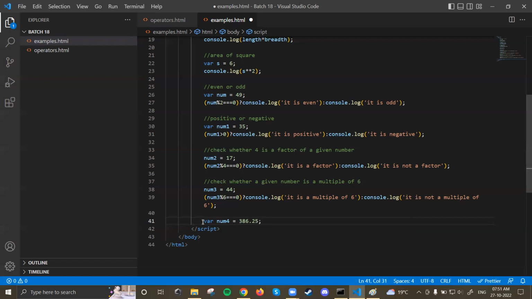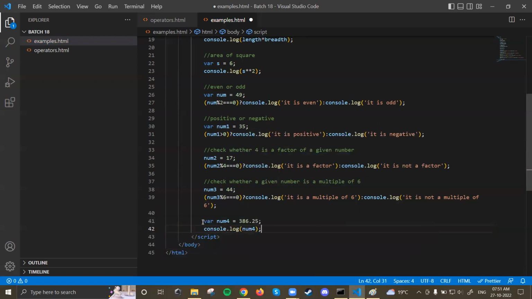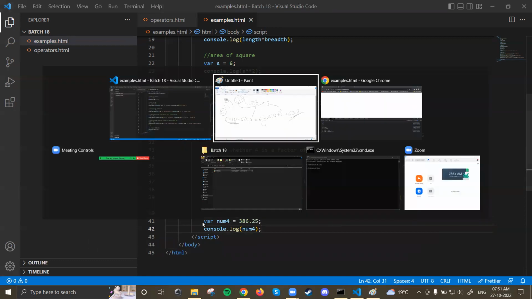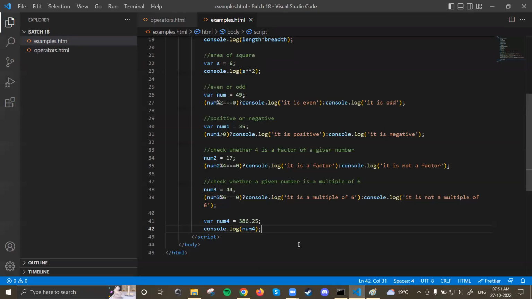Now if I write console.log of num4, we get 386.25, whatever we have in num4. But suppose I don't want the decimal part. I only want the part before the decimal.